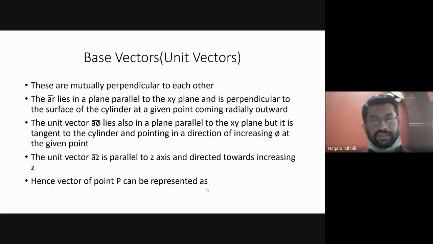Similarly, here you have the coordinates of the cylindrical coordinate system as r comma phi comma z. If I want to represent that in vector form, how can I represent that? Vector of point P, how can you represent that?